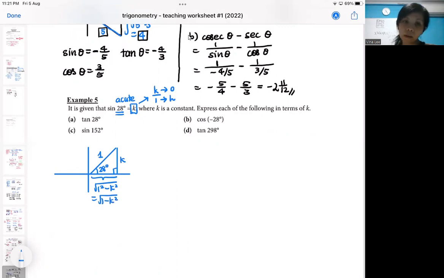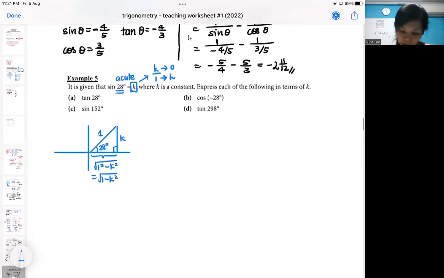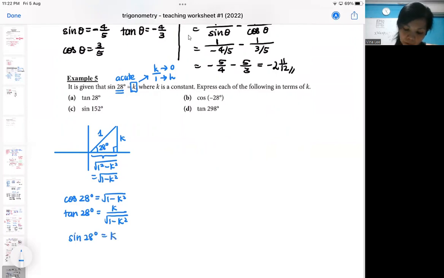From here, I can have my cosine 28 if I want to, A over H. I can have my tangent 28 if I need to. There will be O over A. So sine 28 is given already. So I got these 3 to play around.